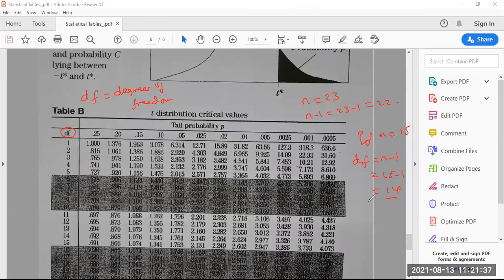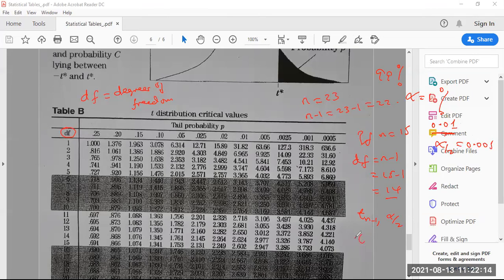If the confidence level is 99%, that means alpha will be 1%. So 1% is 0.01. So we are talking about t at n minus 1, alpha by 2. If alpha is 0.01, then alpha by 2 will be 0.005, so you divide this by 2.